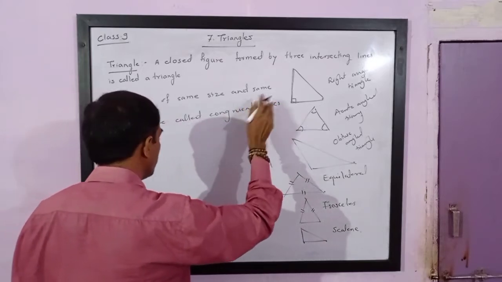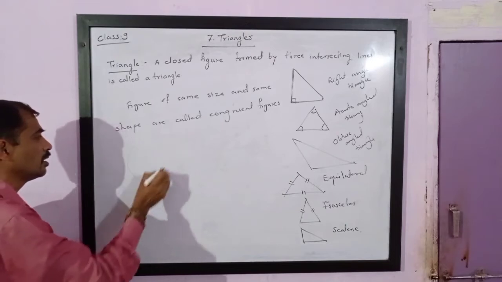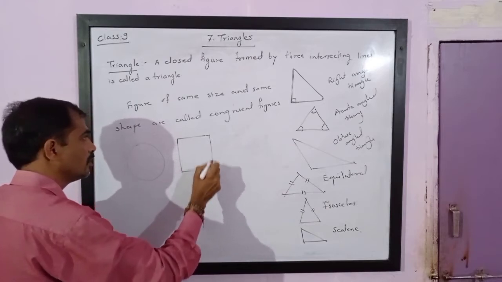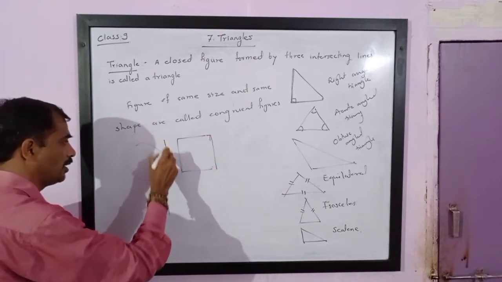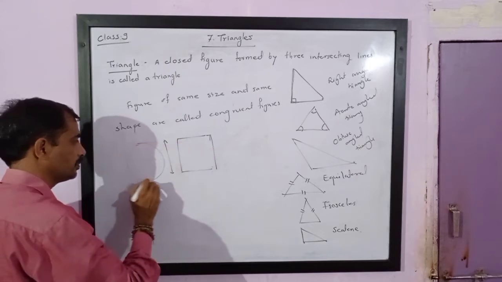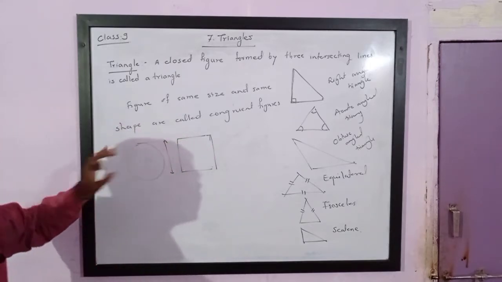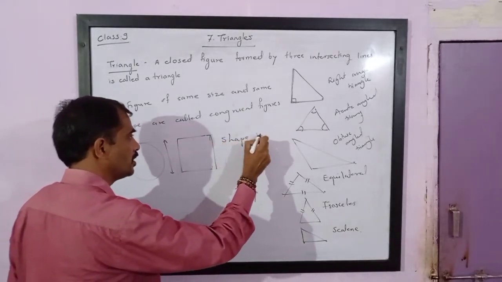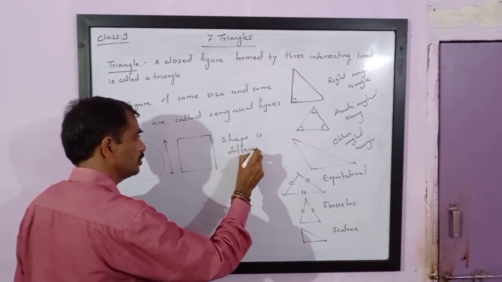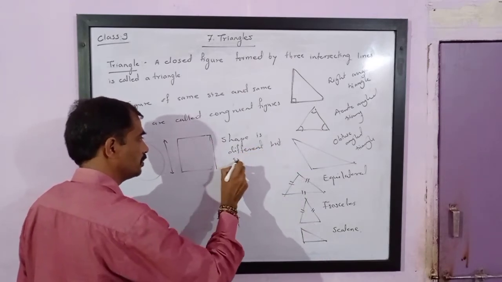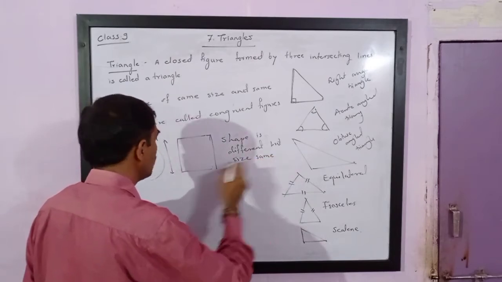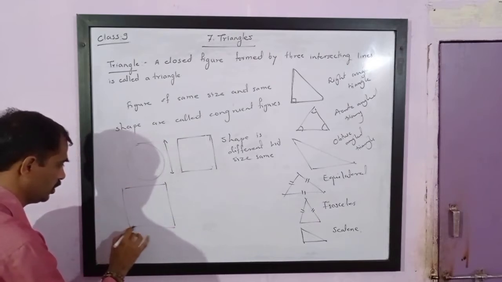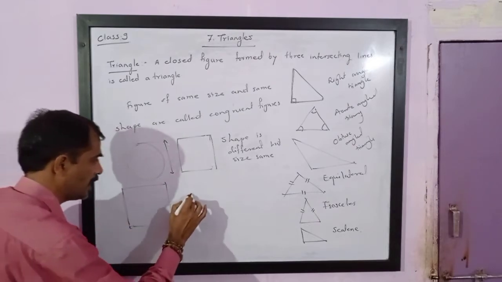Let us try to understand the meaning of this sentence. Now see, here if you consider this as a circle and this as a square which have the same height, then we can say the size of the figure is the same but the shape is different. If you consider a bigger square, you have to imagine my figures, please imagine the figures.